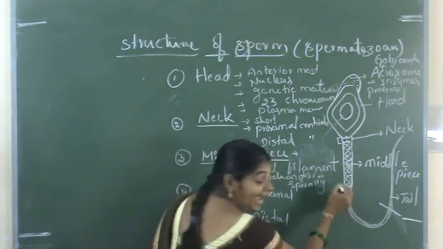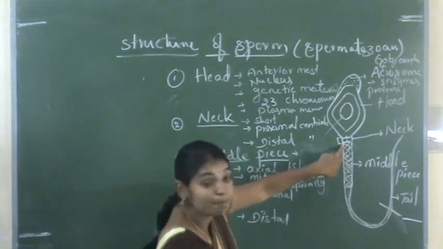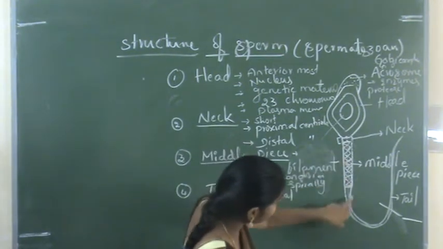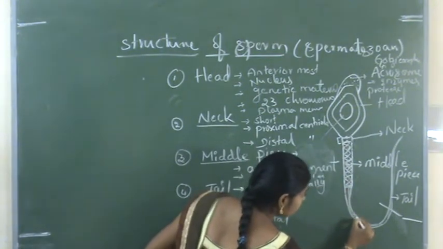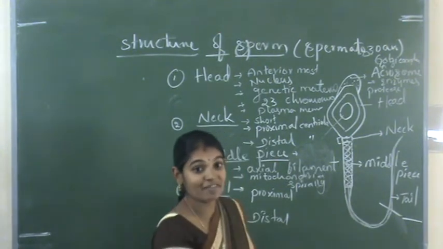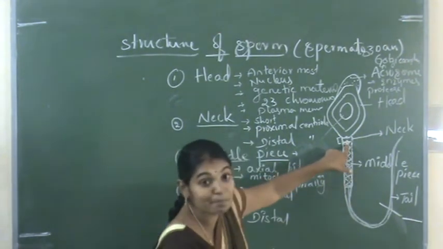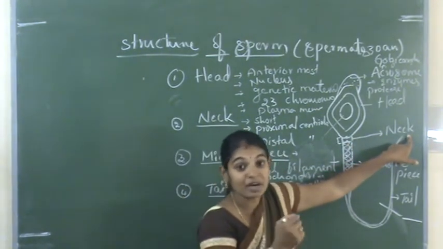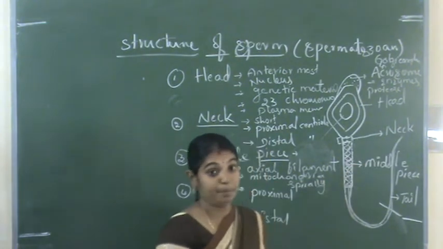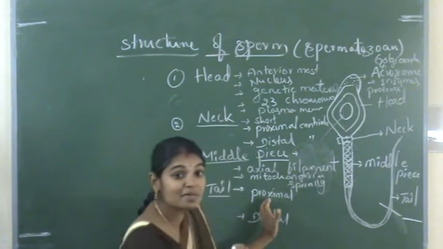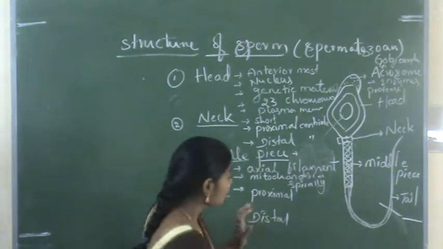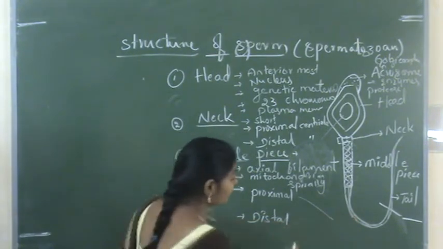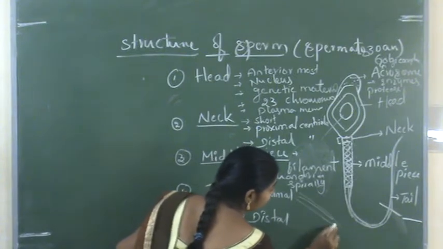The axial filament from the middle piece extends till the end, the tip of the sperm. In the proximal tail the axial filament is present and is covered by the plasma membrane.